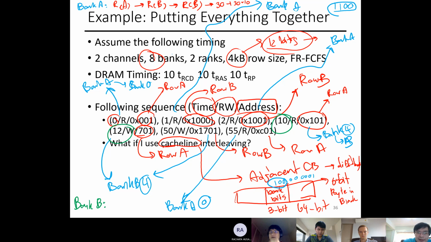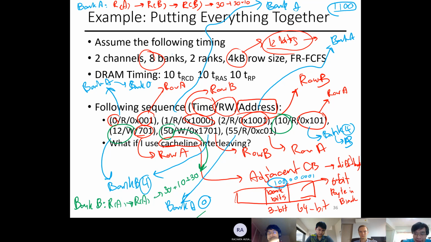They go to bank B. Row A followed by row A. So that would take 30 plus 10 cycle. Right? The third request to bank B will come in that go to row B. So this is that request here, go to row B.